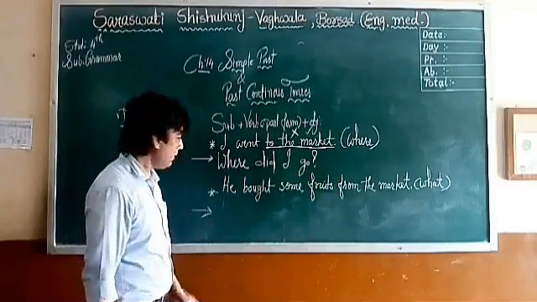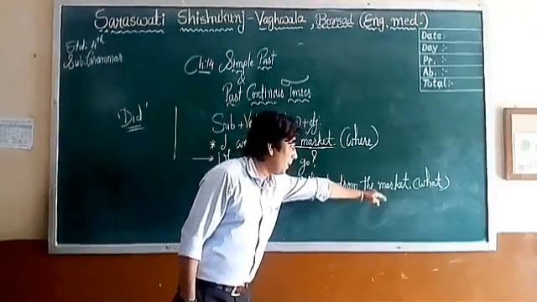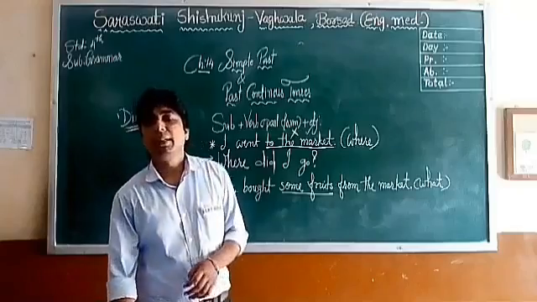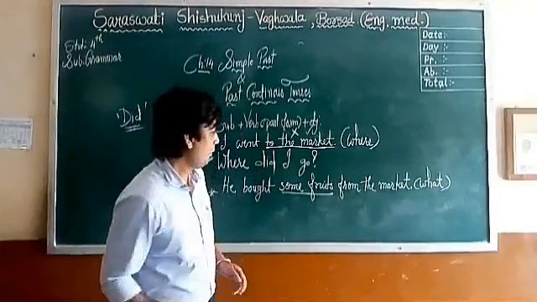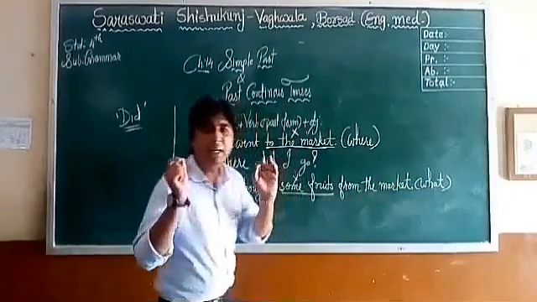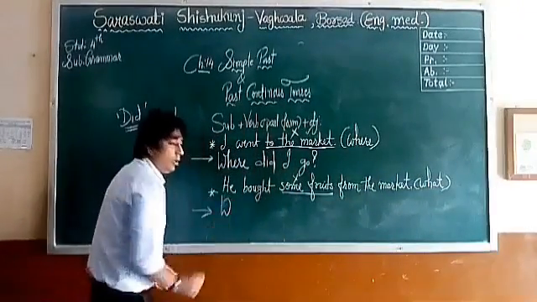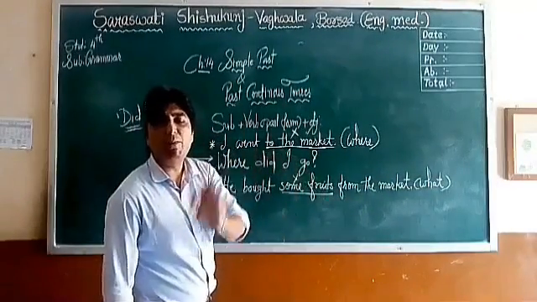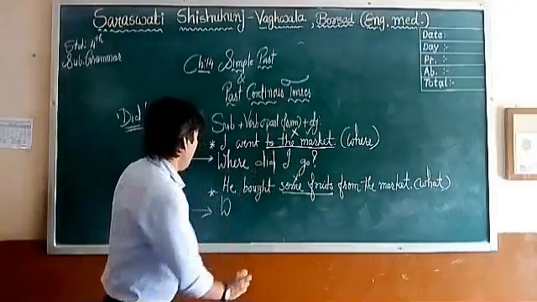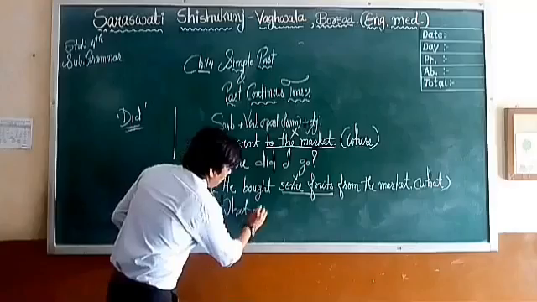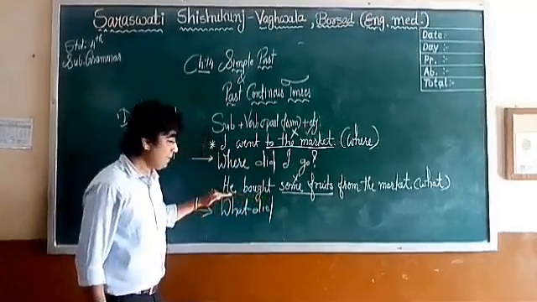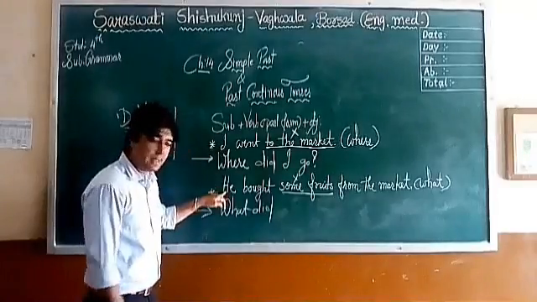Finish. Alright? He bought some fruits from the market. What? Now here some fruits is the answer. So we will not write it. So which one is that? What. So without thinking, right now, what did? You have to write what did, where did, when did. Now you have to start writing from here. What comes first? He, but H will be small.